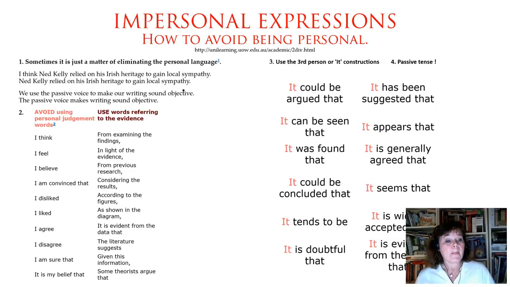Instead of writing, I think, I feel, I believed, I'm convinced, I dislike, you could refer to the evidence and say, from examining the findings, or in light of the evidence from previous research, or as it says, the literature suggests, given this information. And when you're analyzing literature, you could say, well, it's evident that Mr. Sparks has this opinion or acts like this. According to Miss Jane, it seems like she's portraying blah, blah, blah.